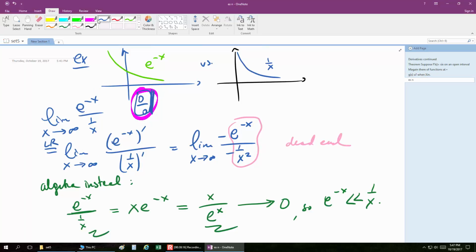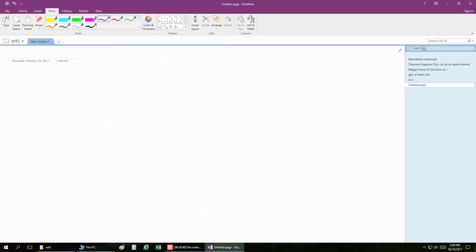So there is also an analog of L'Hopital's rule for points rather than infinity. Just as we have horizontal asymptotes, we have vertical asymptotes too, and we also have indeterminate expressions, but in a different way.